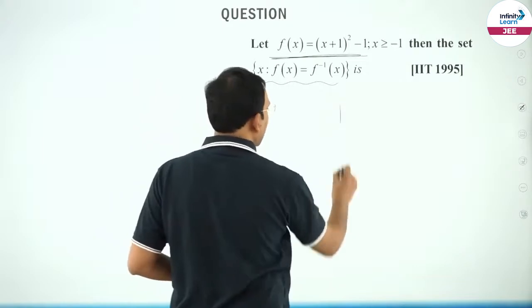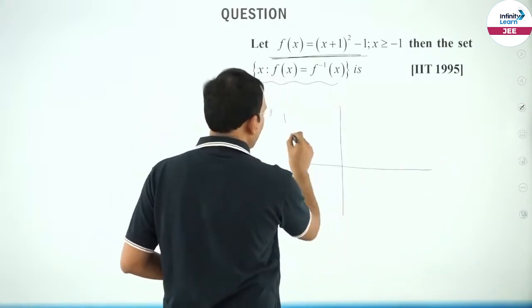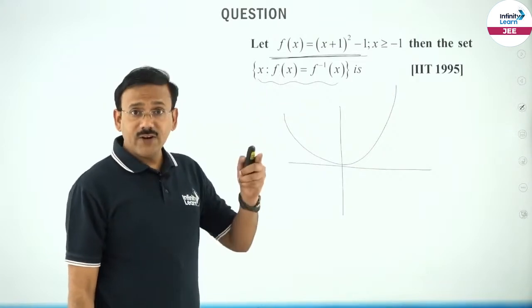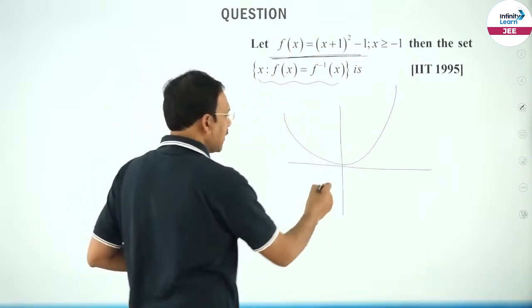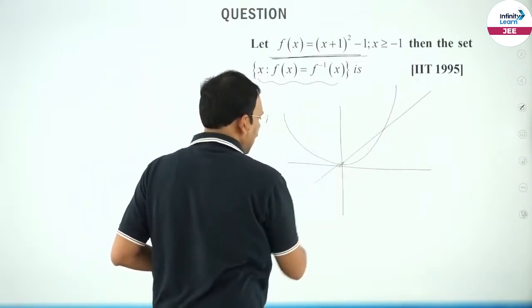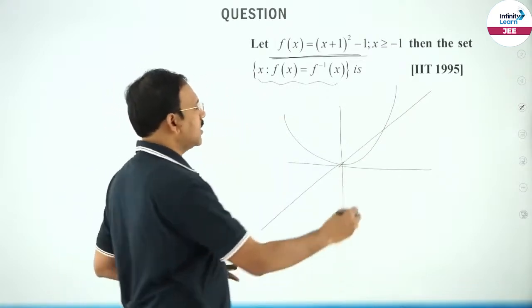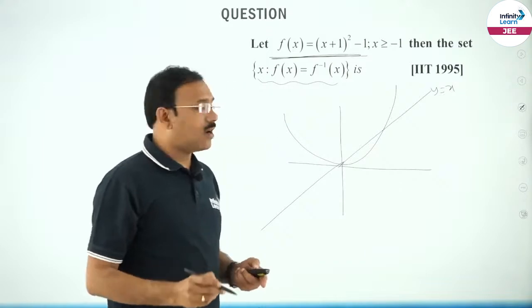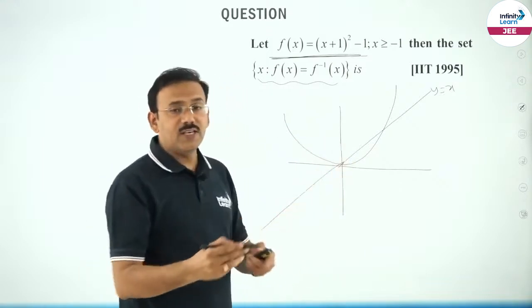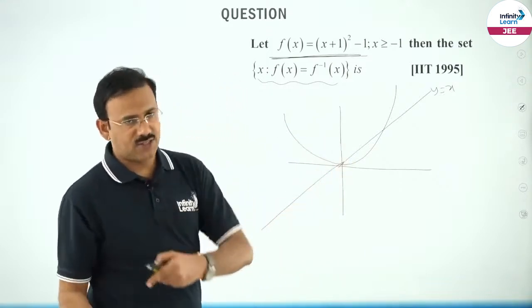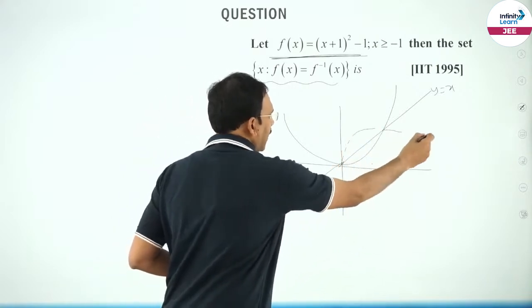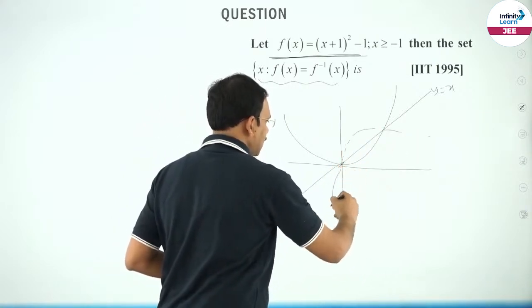Friends, you take any function, say f of x is like this, suppose. If it is a continuous function, and you consider y is equal to x as the line, the reflection of the curve about y is equal to x gives f inverse of x. For example, the inverse of this will become like this, my dear students.